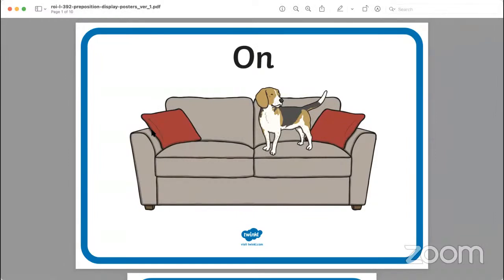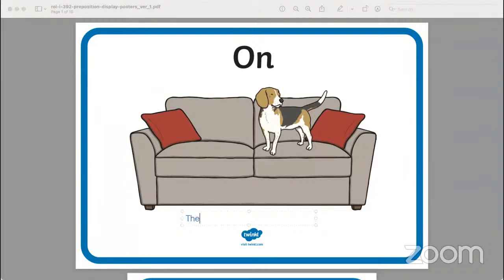Can I have a student to share their sentence, please? First picture. The dog is on the sofa. Okay, what is he doing on the sofa? Is he sitting or standing? Standing.